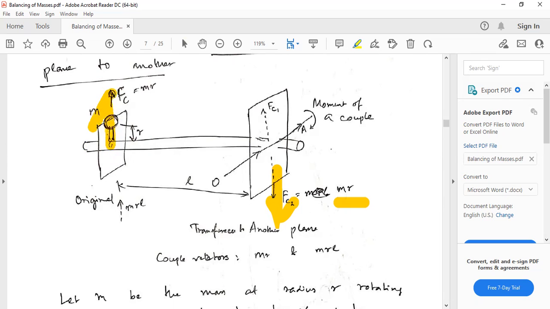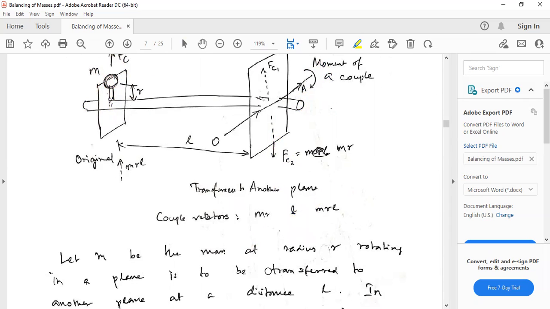This is the couple, and the couple will be acting about this OA line, which is perpendicular to the axis of the shaft. So now we will have two couple vectors. One will be from the centrifugal force, mr, and another because of the distance, that moment about the plane.